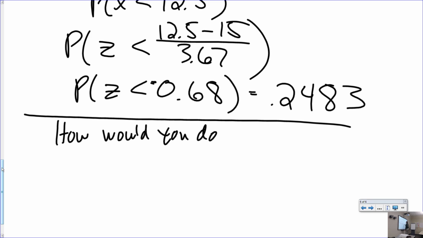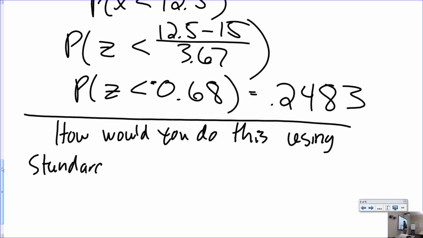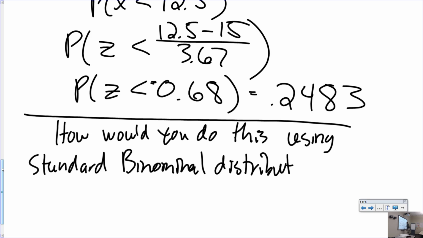How would you do this using the standard binomial distribution from 5.2? Go find an Excel.